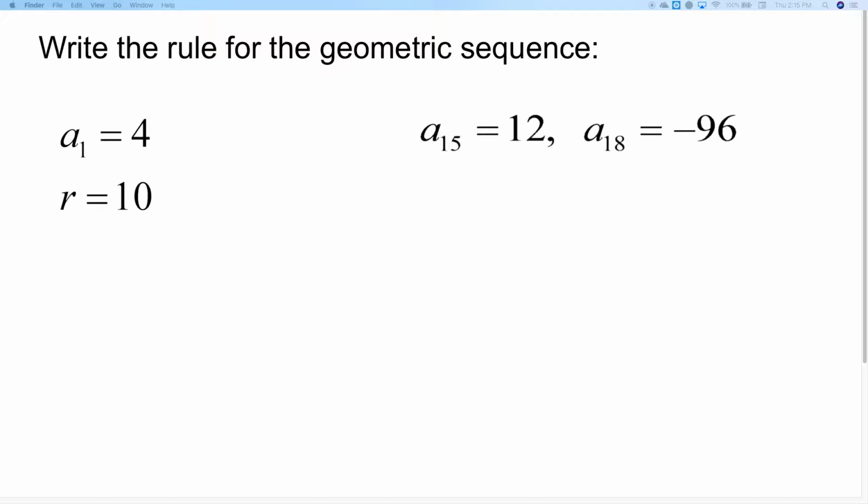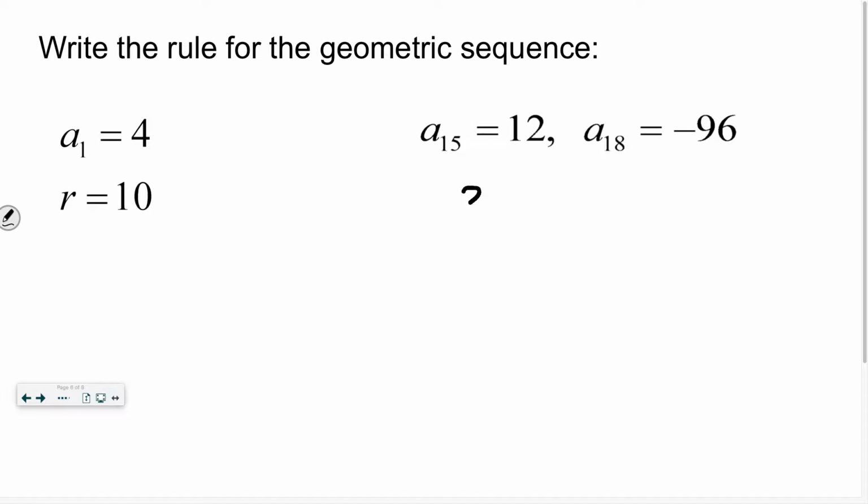I'm going to put up one way to think about it. It's not the only way to think about it. So if you're on a roll and you think you got something, that's fine. For the second one, these are just 2 terms in the sequence, right? So I know one term in the sequence is 12, and another term in the sequence is negative 96 later on.